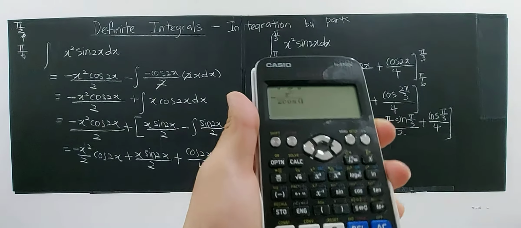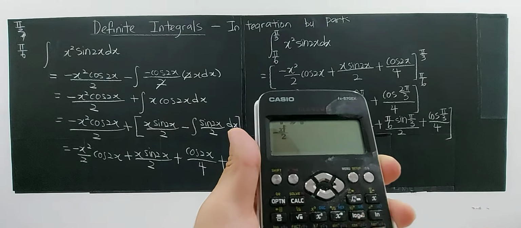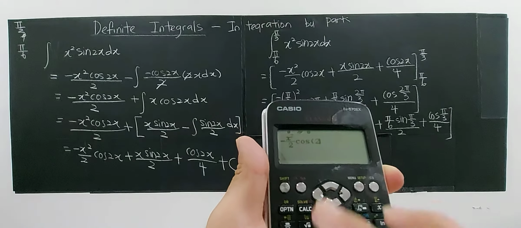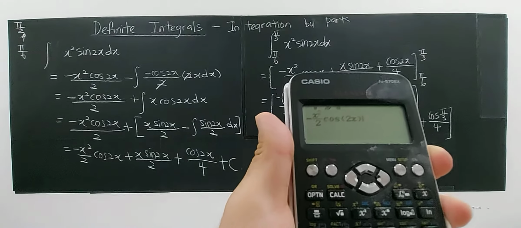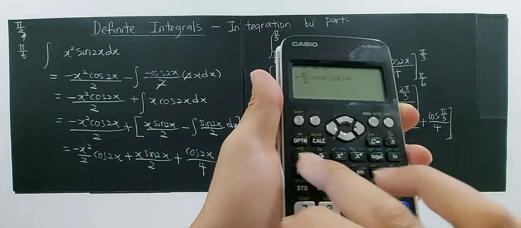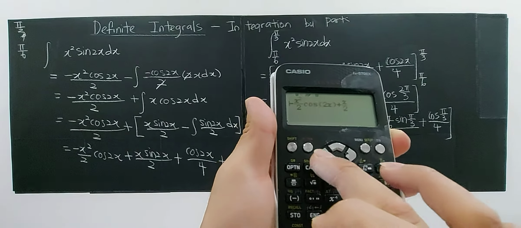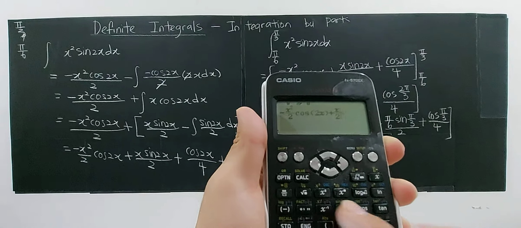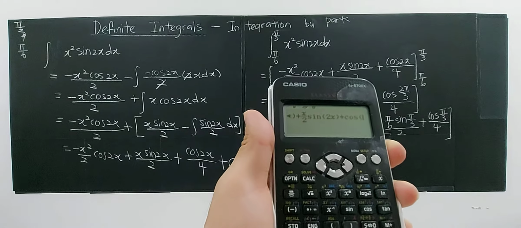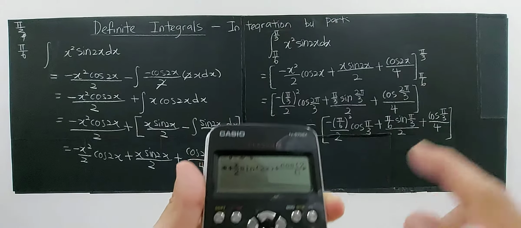So cos 2x, sorry, cos 2 alphabet x, make sure in radian form, plus, key in everything into the calculator. So alphabet x over 2 multiply with sine 2x, and plus cos 2 alphabet x, right, 2x over 4.